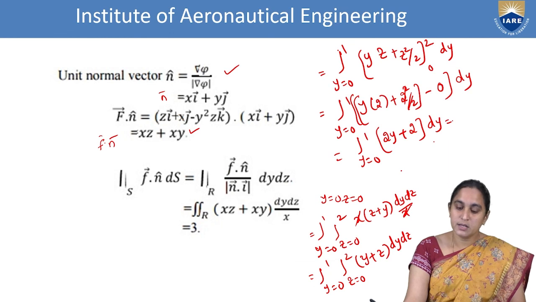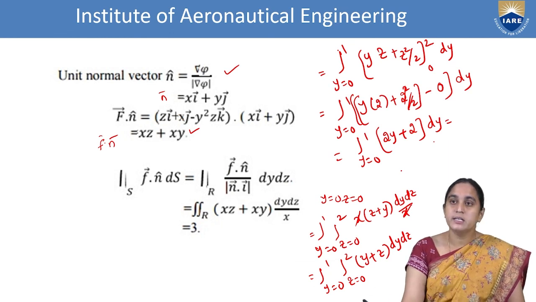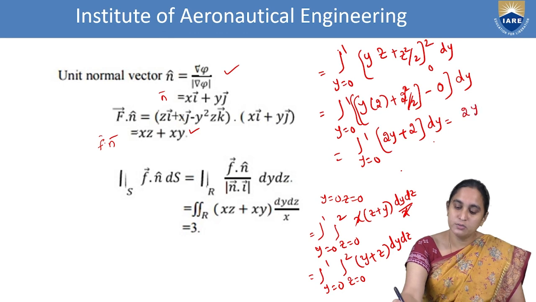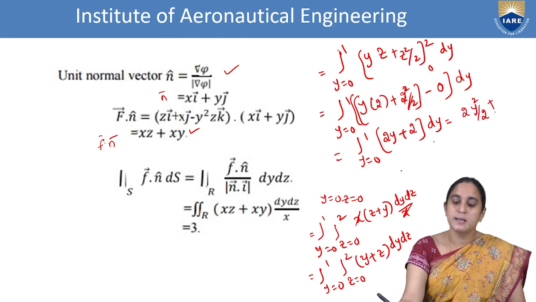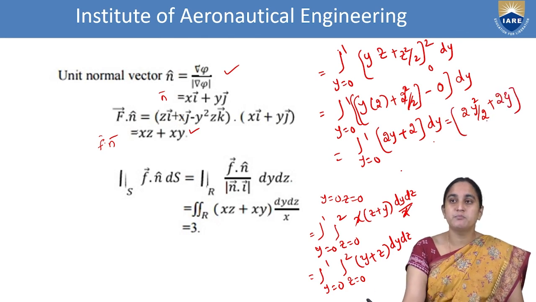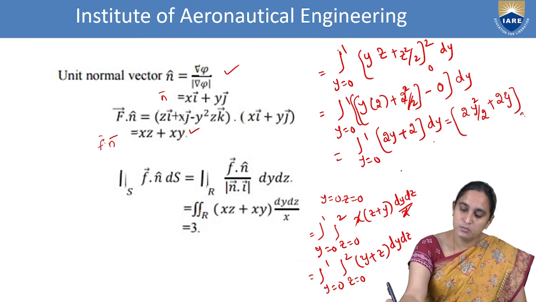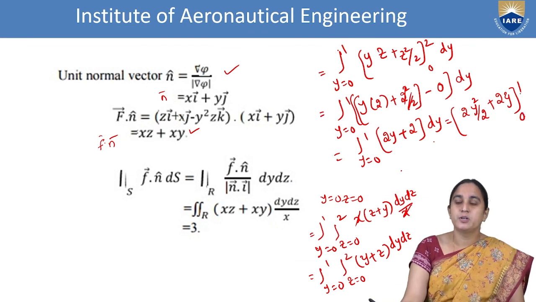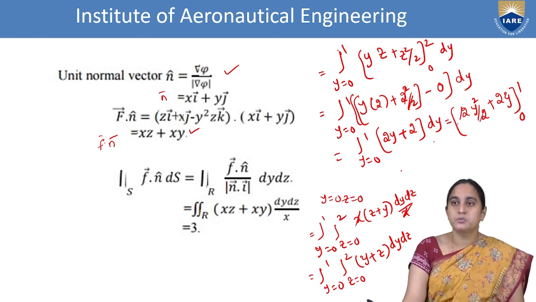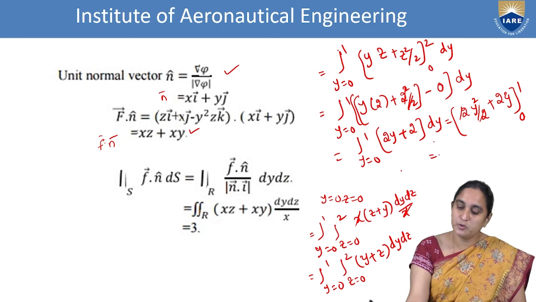Then the continuation, integration with respect to y. That is 2 into y square by 2 plus 2y, with limit points 0 to 1. The 2 cancels, then substitute the limit points.